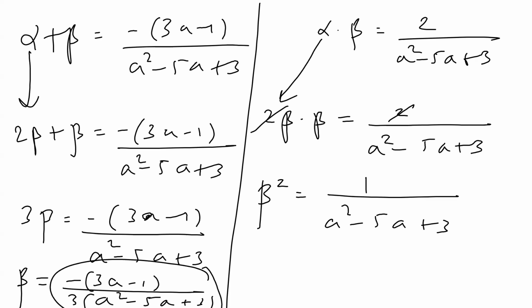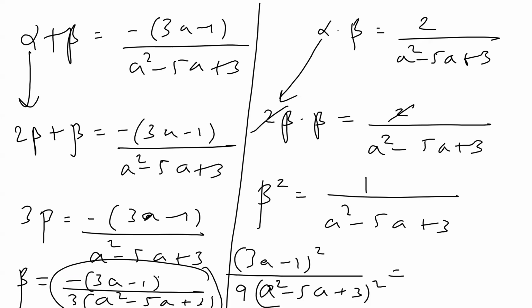So square of this, this negative sign will go, it will be positive. Then 3a minus 1 the whole square upon 9, down also it will be square, equal to 1 upon a square minus 5a plus 3 on the right hand side. What I did, I just put the value of beta over here.